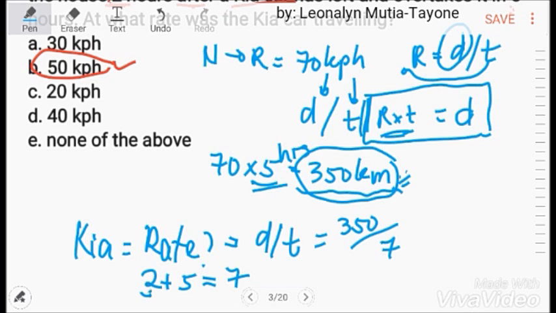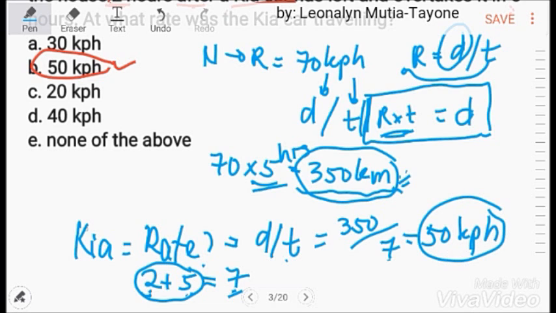Kasi sa 2 hours, hindi pa umandar si Nissan. Nung umandar na siya, after 5 hours, nag-abot na sila. So, total niya ay 7 hours. So, distance 350 over time na 7 hours equals 50 kph. Ito na yung rate ni Kia.